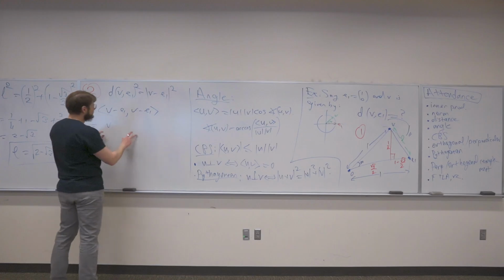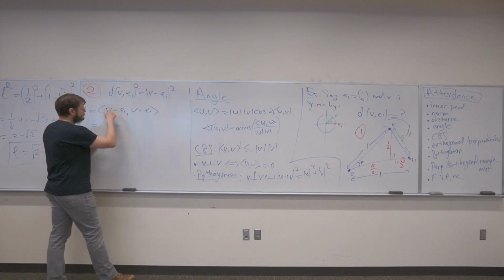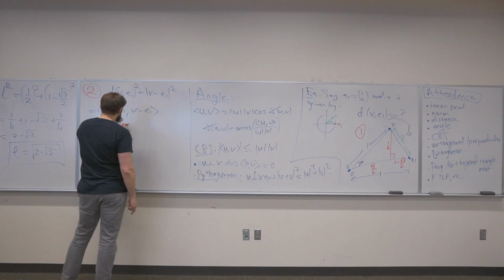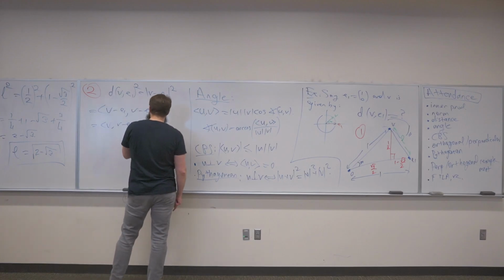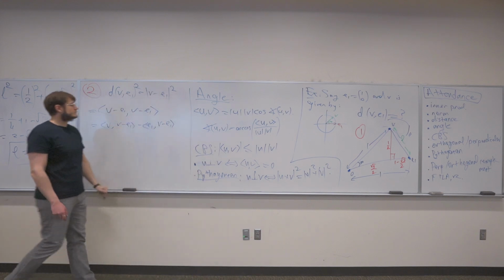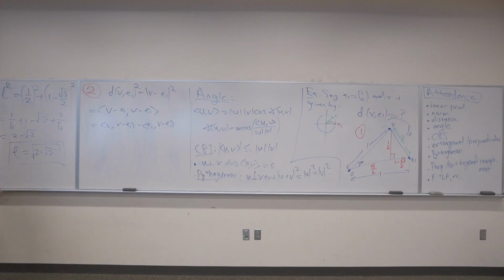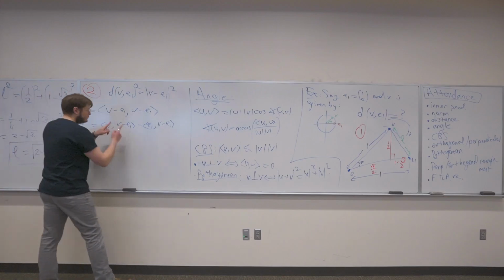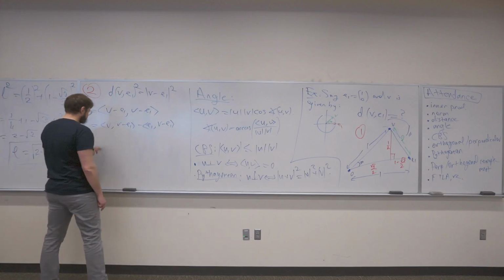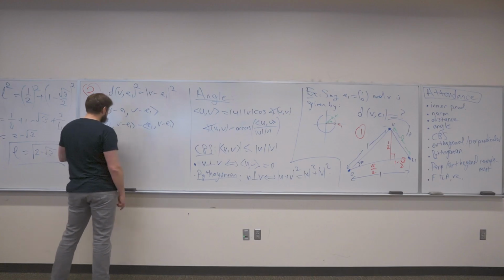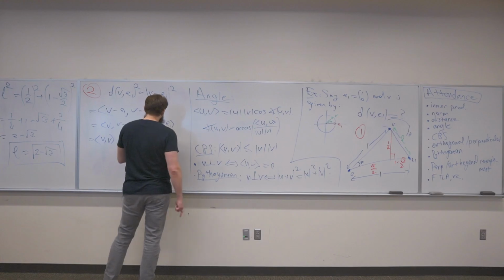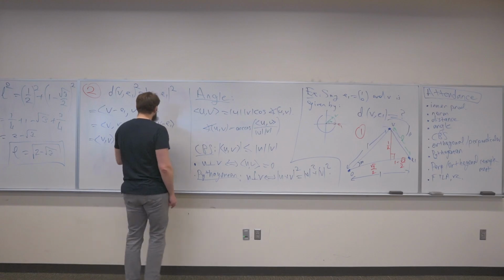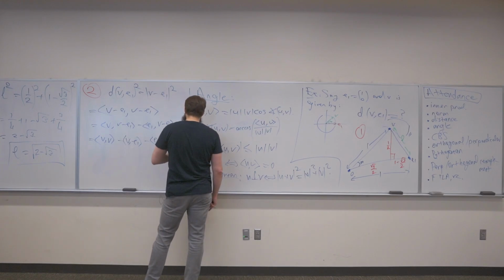I'll do this one step at a time. First, expand this: V minus E1 against V minus E1. Then I'm going to expand in the second entry both this and this: V against V minus V against E1 minus E1 against V plus E1 against E1.